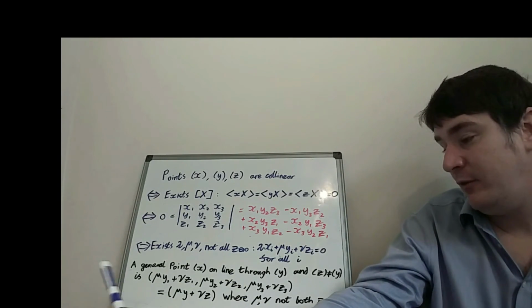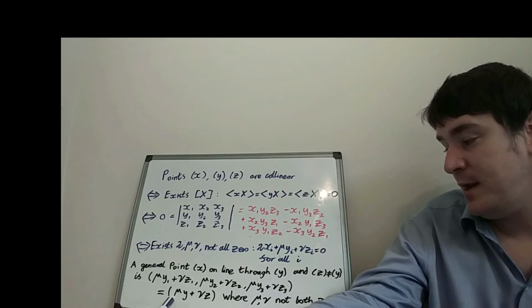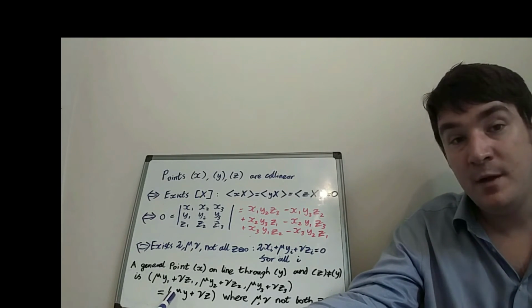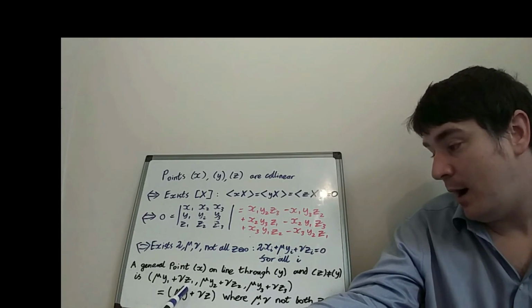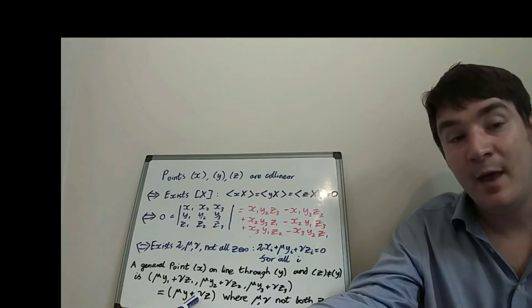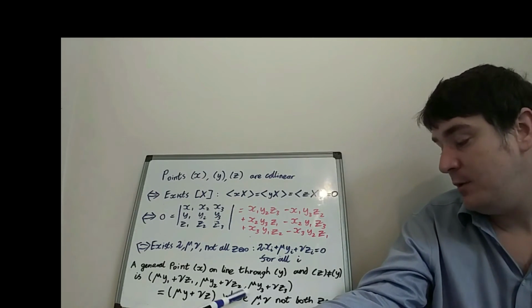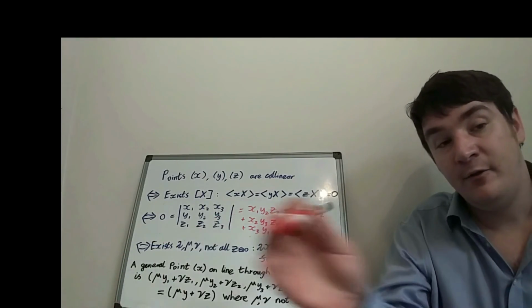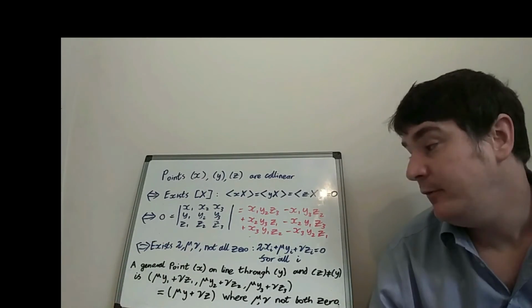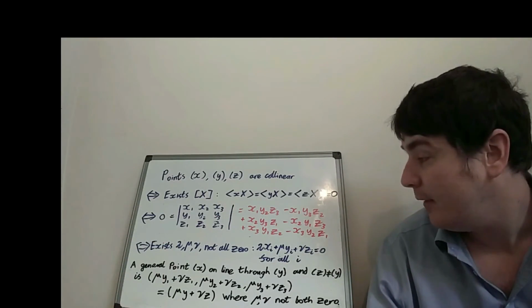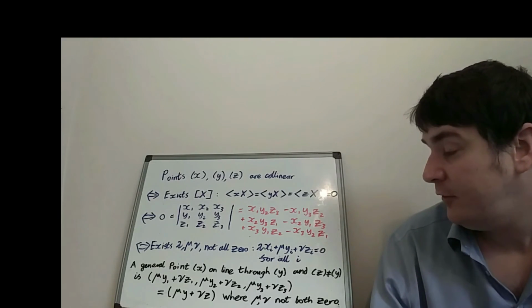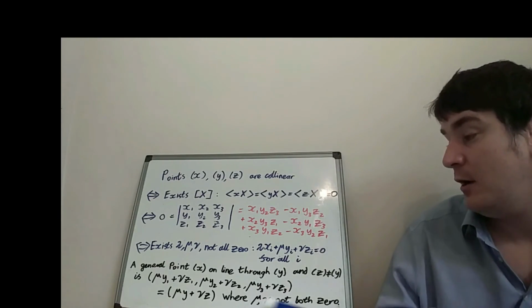We can write that more concisely as the constant mu times y plus the constant nu times z, where mu and nu are any two elements that are not both equal to 0 at the same time. So this essentially gives us a parameterization of the line.